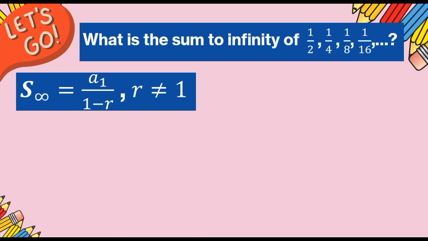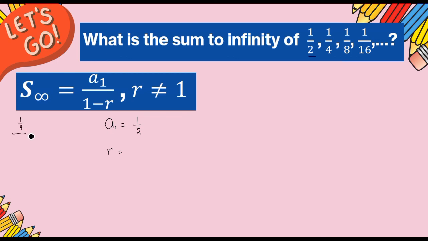And the last example, what is the sum of the infinity of 1/2, 1/4, 1/8, 1 over 16, and so on and so forth. So, since infinity pa rin po, S of infinity is equal to A sub 1 over 1 minus R. So, again, ang A sub 1 natin, yung first term natin, which is 1/2. So, to get R, kukunin po natin yung ratio.